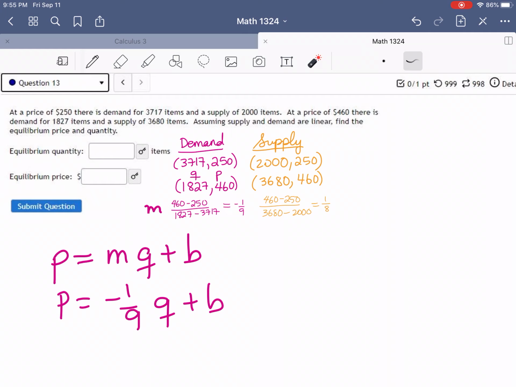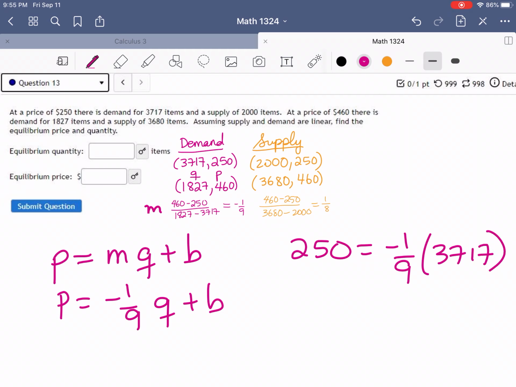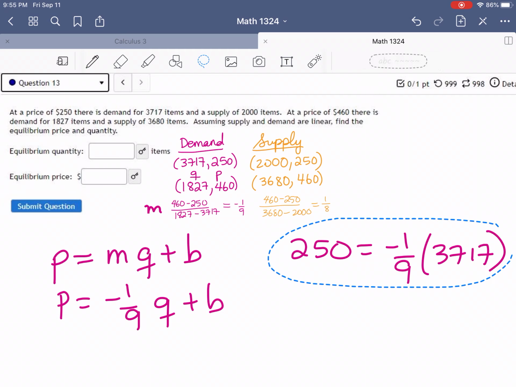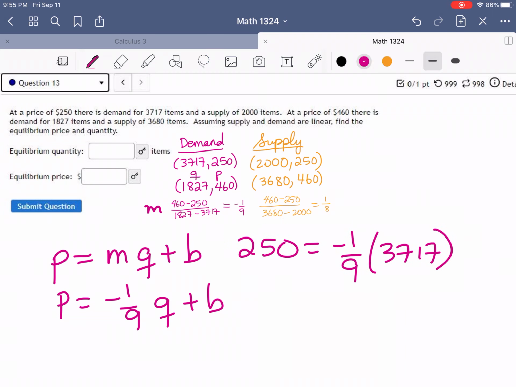So if I do 250 equals negative 1/9 times 3717 plus B, then negative 1/9 times 3717 is, oh dear, I ran out of music.